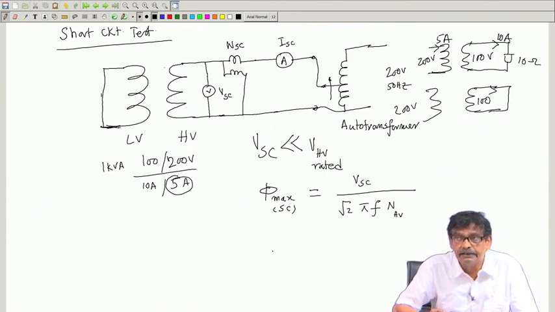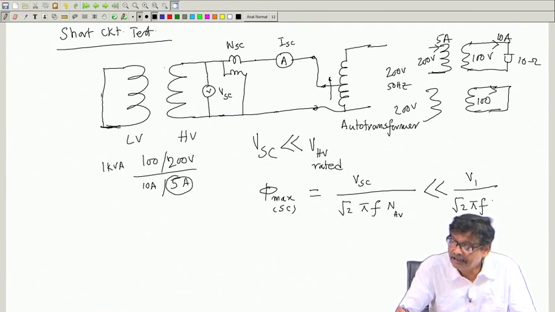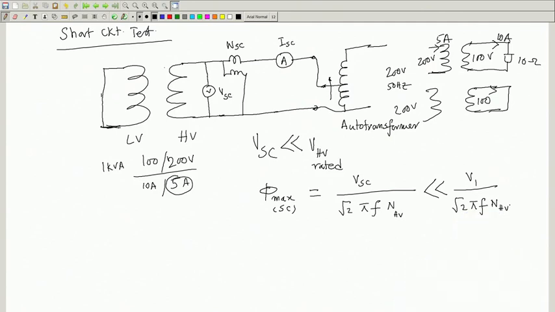That is the thing, and this is certainly much less than the flux produced under rated condition, which is V_HV rated divided by root 2 pi f N_HV. Therefore, phi max during the short circuit test is much less than the rated flux, phi max rated.